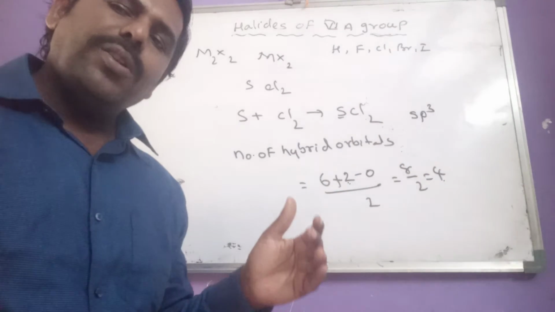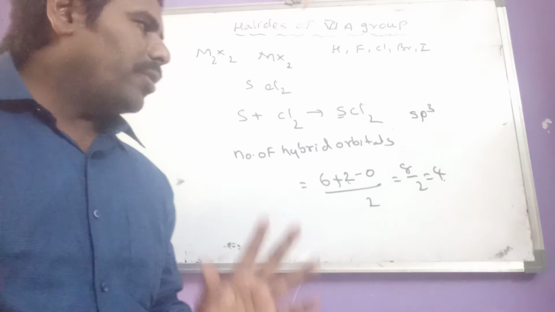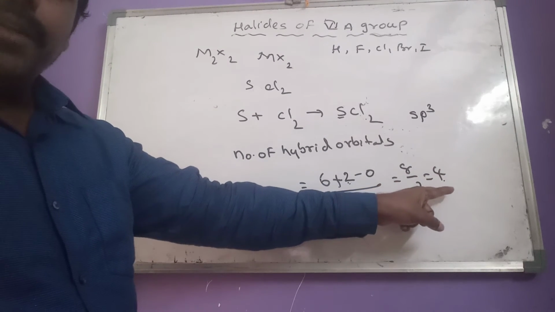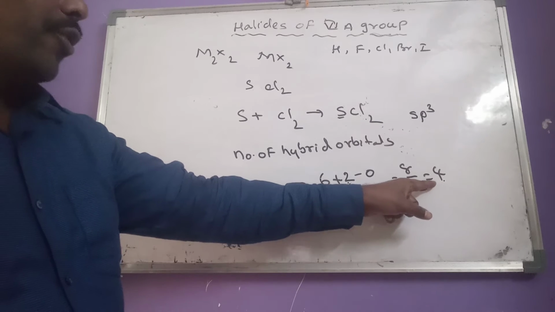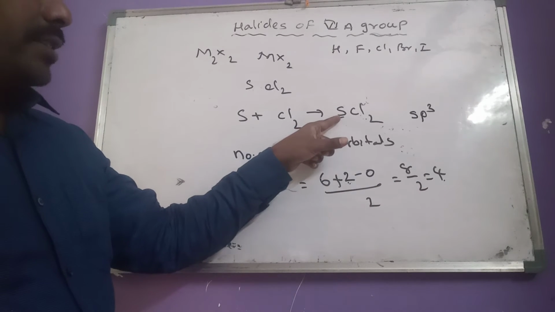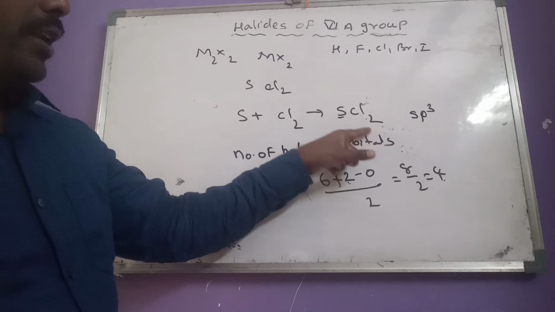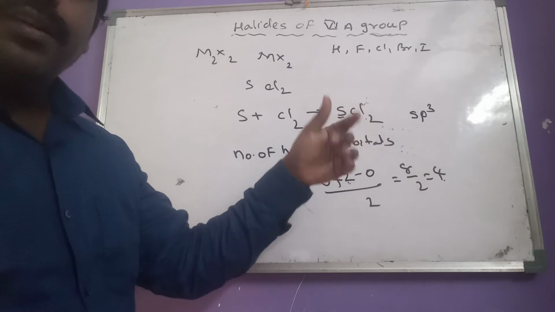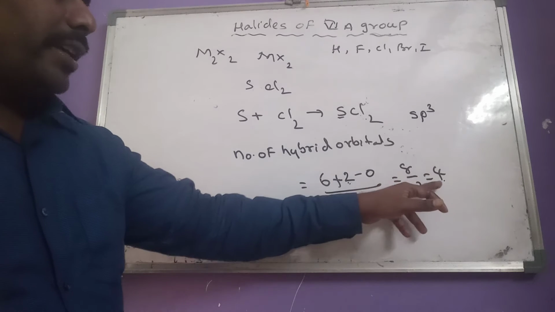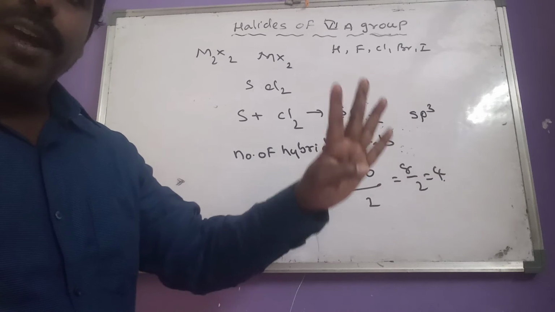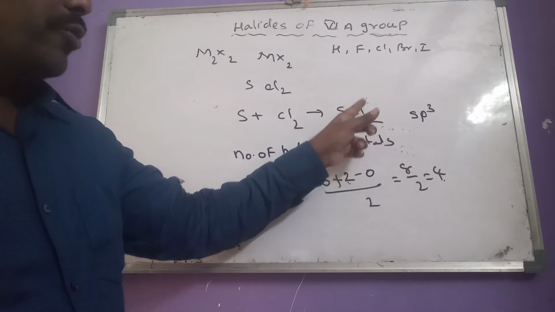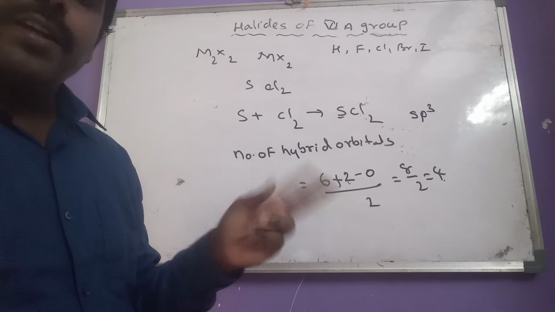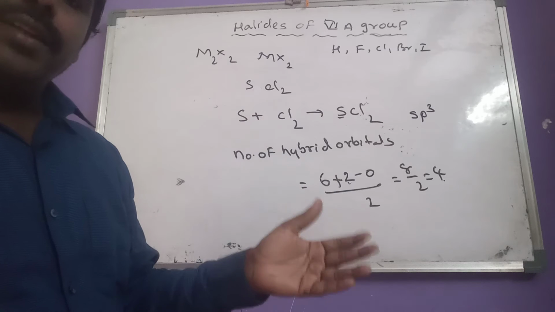And we can count the number of lone pairs also. See here how to calculate that. Here the number of hybrid orbitals is 4, but to this central sulfur only 2 chlorine atoms are bonded. Compare them with relatives: total 4 rooms are available and 2 relatives have come into that house. That means still 2 rooms are vacant. So think in that way.